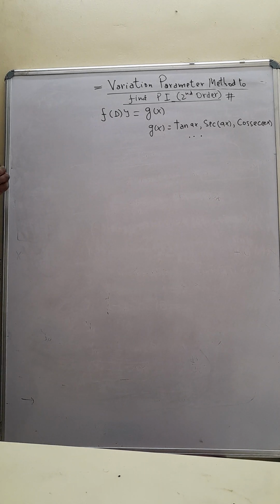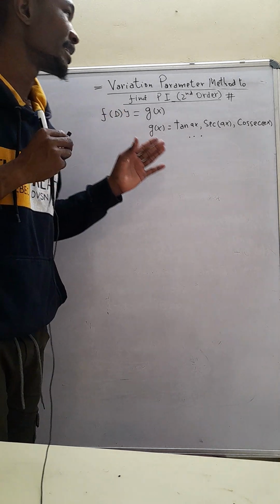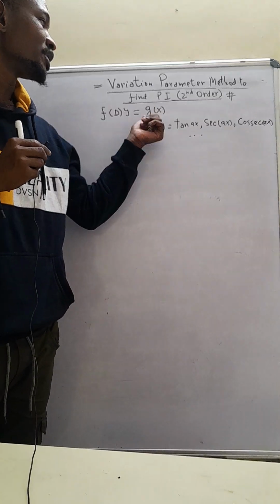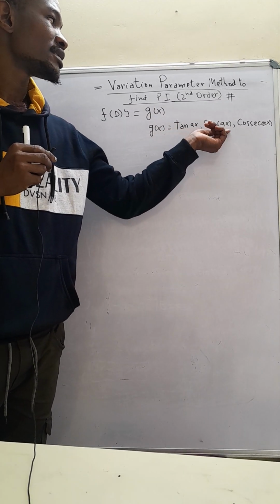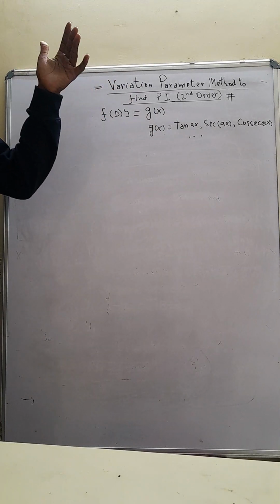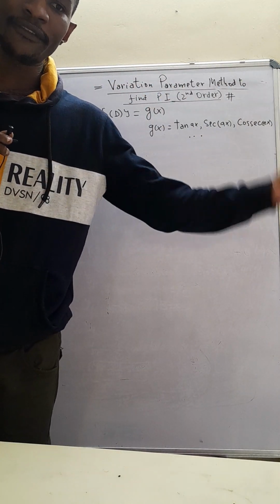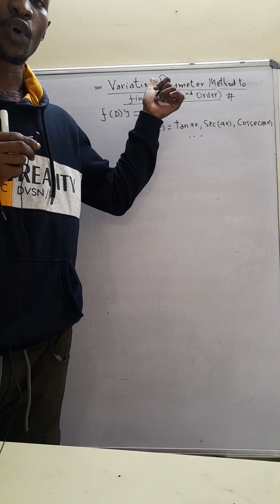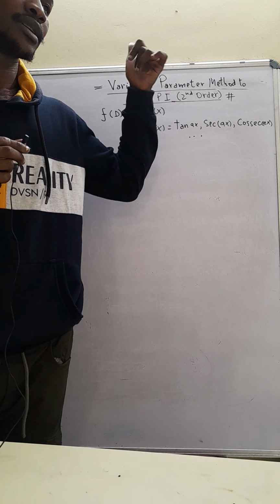So this method was designed basically to answer questions like this, when g of x is tan of ax, sec of ax, cosec of ax, mostly. But surely it can also be used for different exercises.